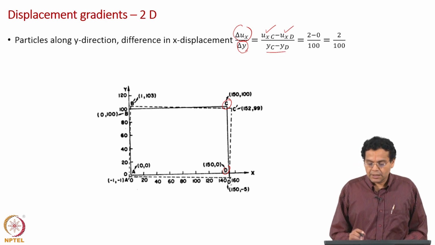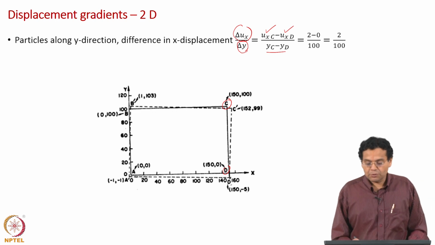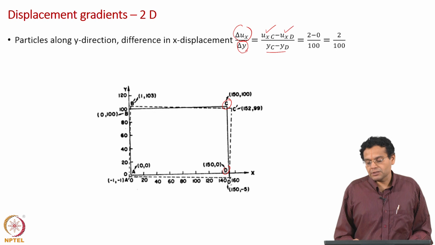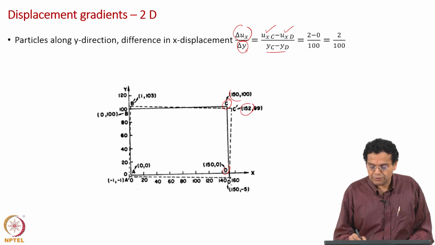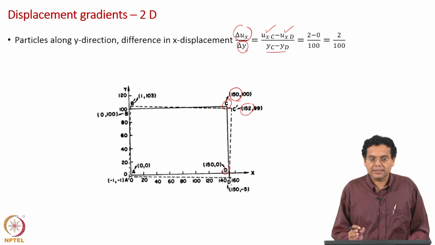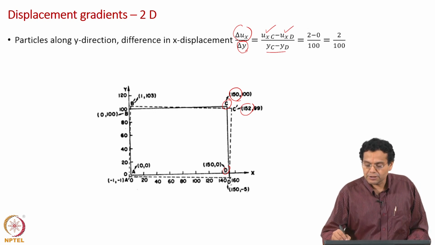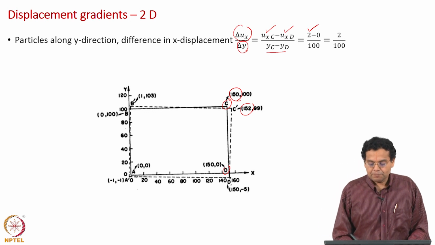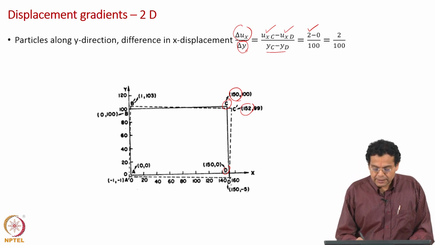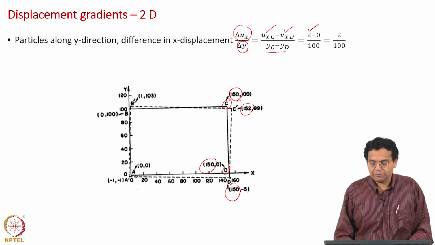Okay. Now, let us look at point C. For this case we should focus on the x displacement. So, 152 minus 150, that we have already seen, displaced in the x direction by 2 units. So, this is 2. Now, coming to point D, look at the x displacement, originally at 150, finally also at 150.